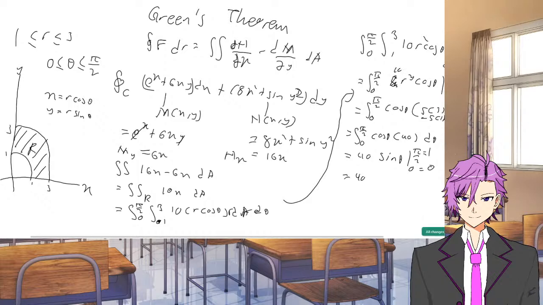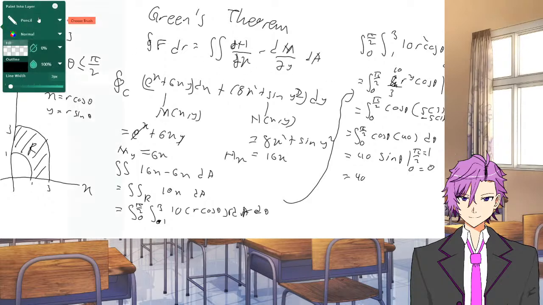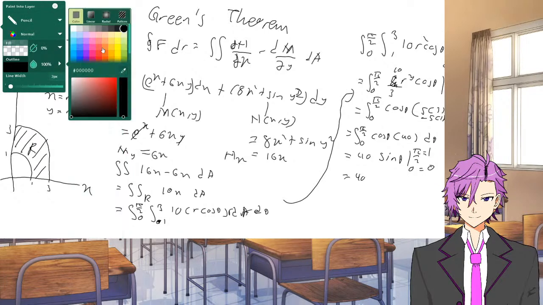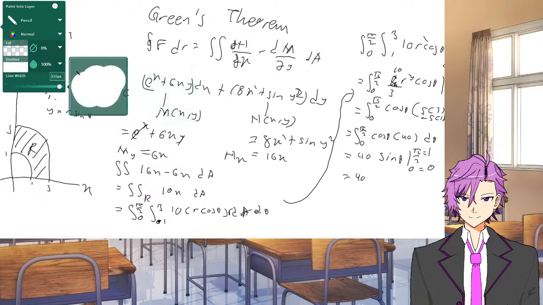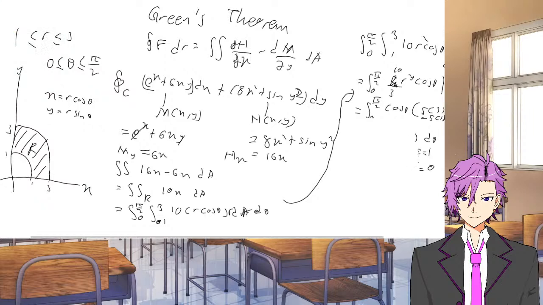So this isn't 5, it's 10r cubed over 3. So we gotta try that again. Dang it. So wait, we need to erase this. This time we'll use the pencil. We'll go for maximum here, like that. Just erase the whole thing.